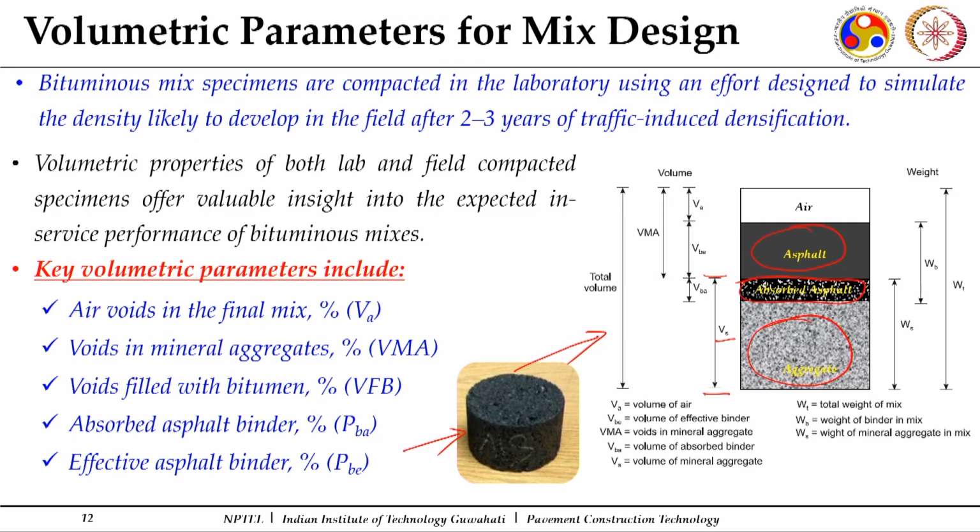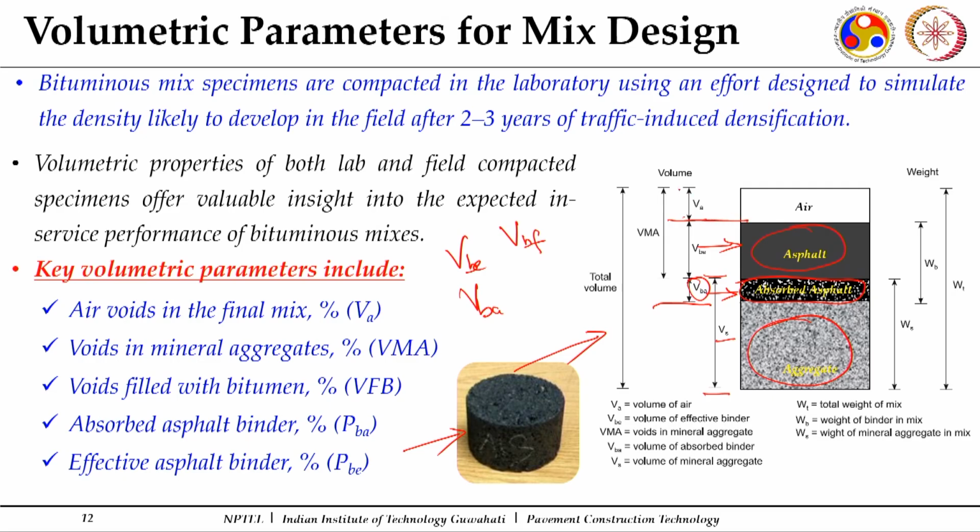Some amount of binder has gone into those surface voids. So, of the volume of asphalt, some has gone inside the aggregate surface, some part is free. If this is my total binder, VBA is the one which got absorbed, and VBE is the binder which is effective, or I can write it as VBF, binder which is free, and VBA is the binder which is absorbed inside the aggregates.